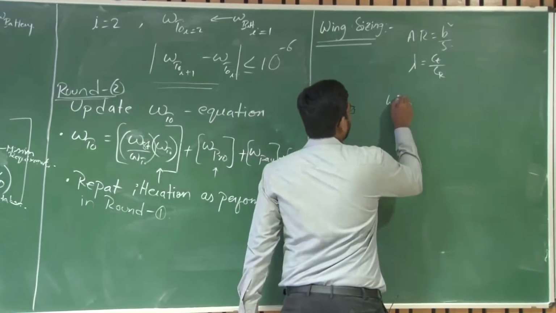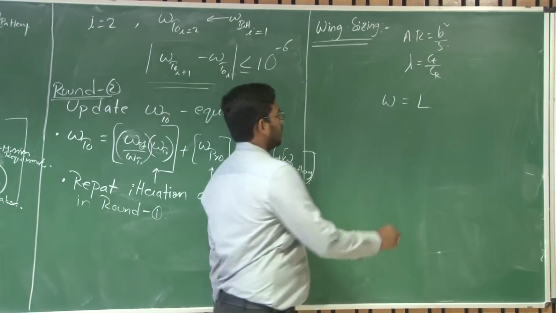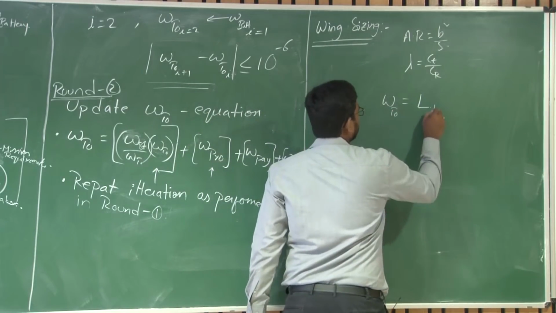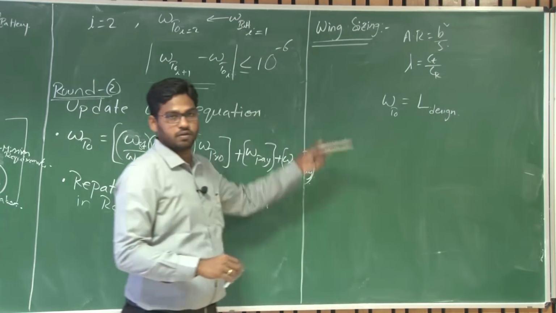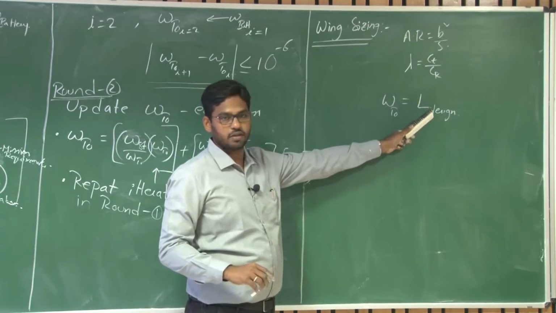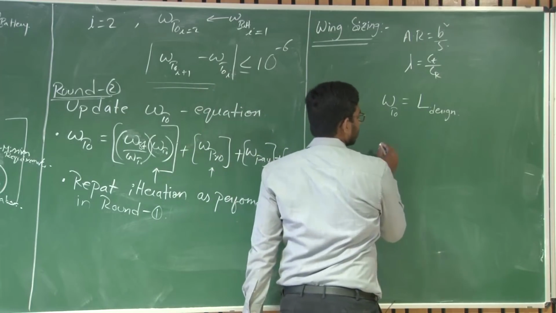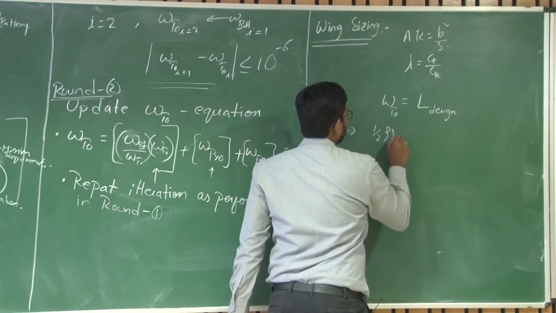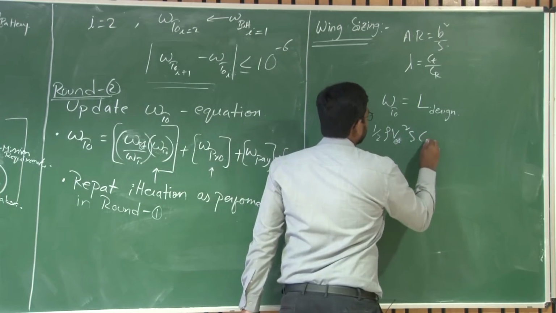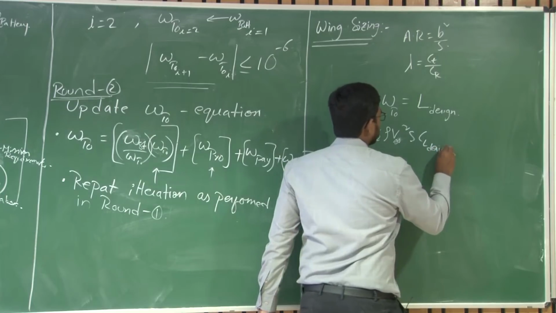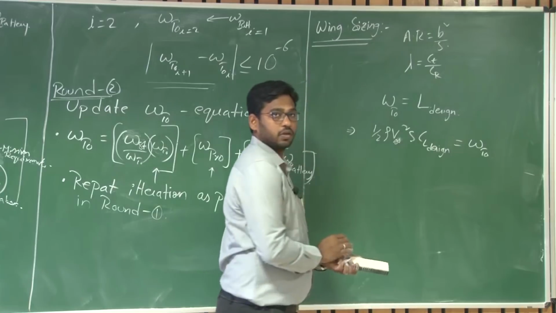So the whole idea is W equals L, where W is the overall takeoff weight and L is the design lift. So you have to design your wing to generate this lift, right? So this is half rho V infinity square S into C_L design is equal to W takeoff, right?